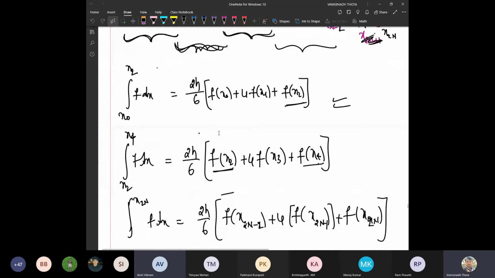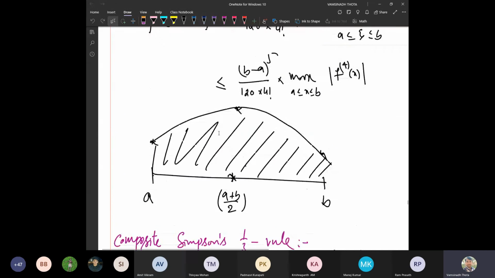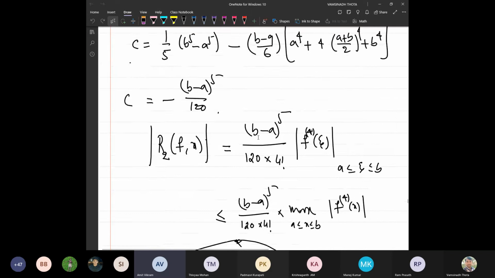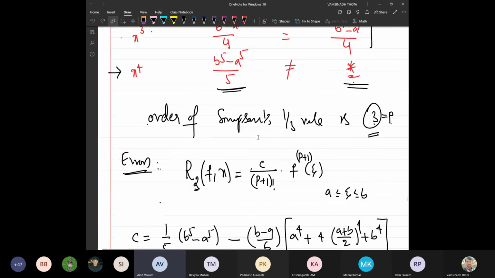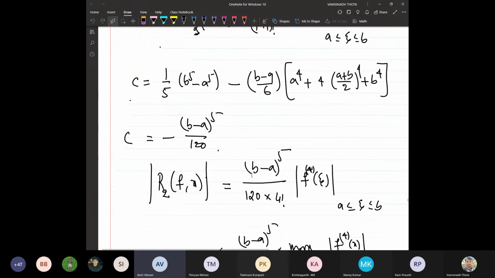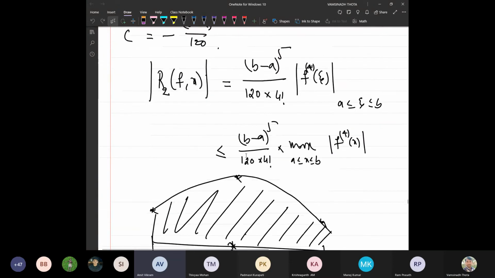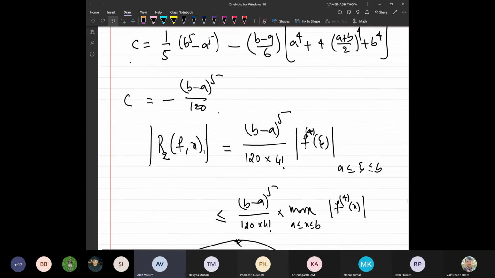What is the error term in the classical 1/3 rule? Sir, in the one third rule, we divided the given interval a to b into 2n subintervals. So for the error calculation, in the last step when we are calculating R2 of f of x, there, sir, below this.